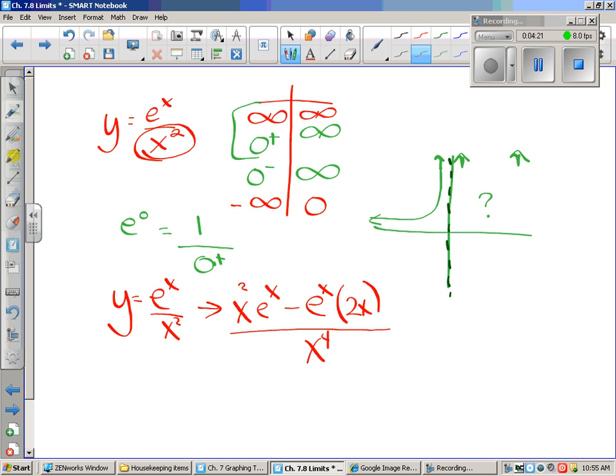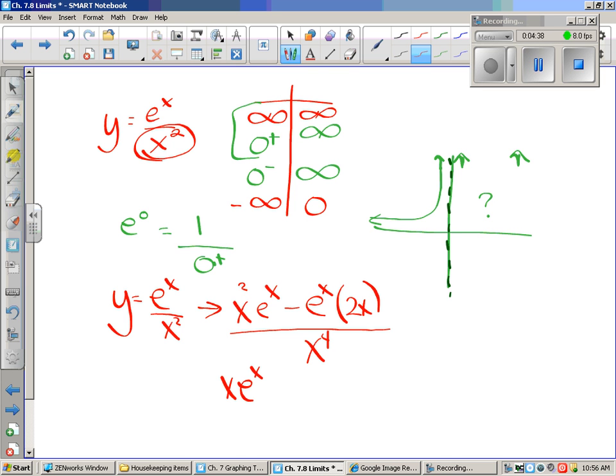Whenever you're dealing with e to the x, just to shorten my explanation, you want to factor out that e to the x. It's going to save you a lot of time. Also, another thing I noticed is that there's an x in common. Do you follow that?